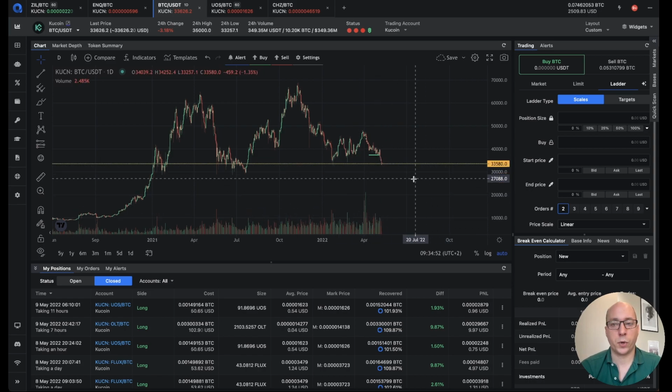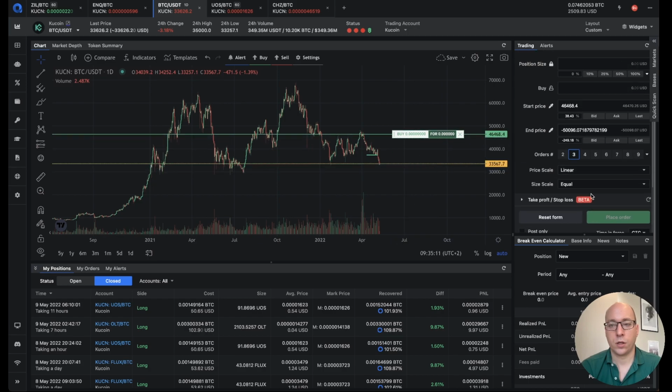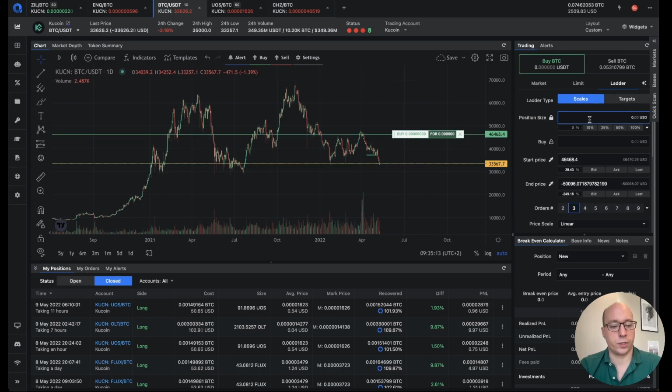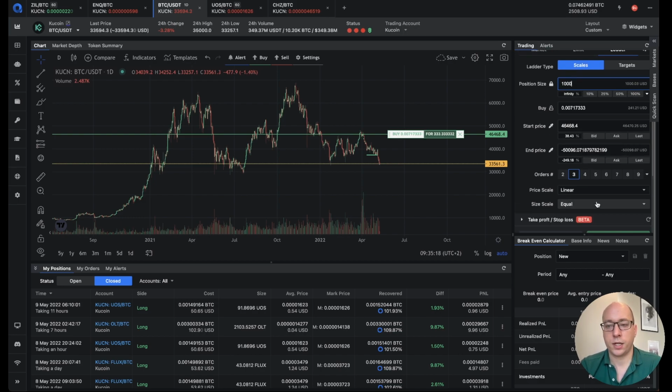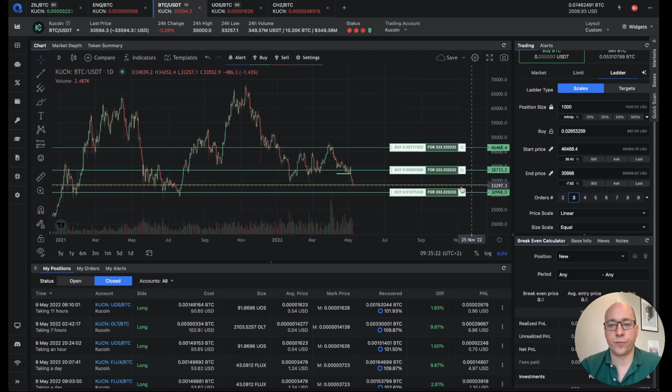Now, if you want to know how to quickly set up your layers on the USDT market, for example, then you can just go to the limit order, select ladder, and then you do the scaled ladder. You set 100%. You select some prices, and for example, you say I want to put another 1,000 in, and then you have an end price right there.